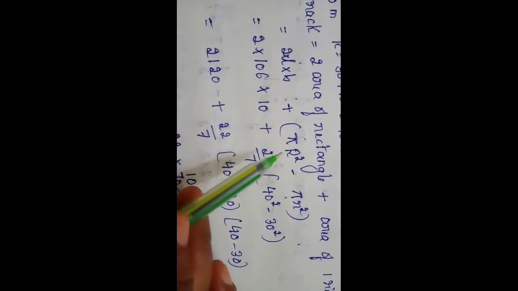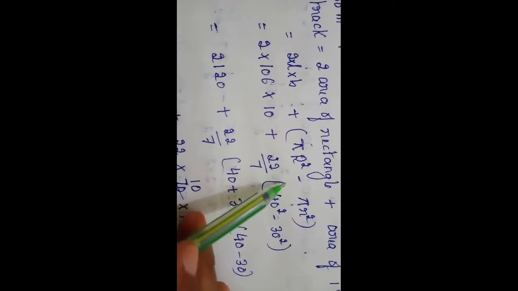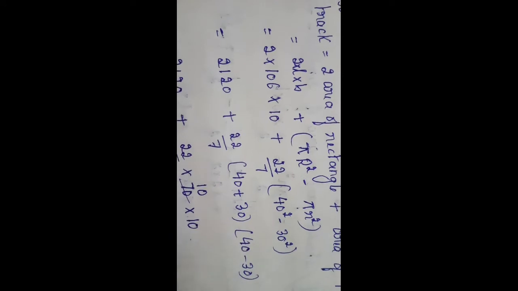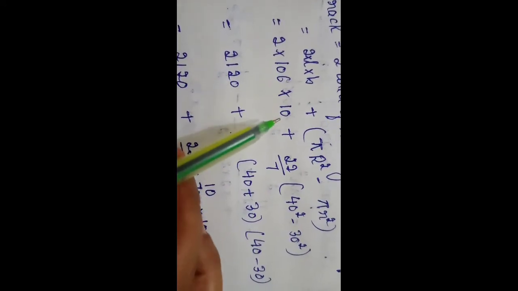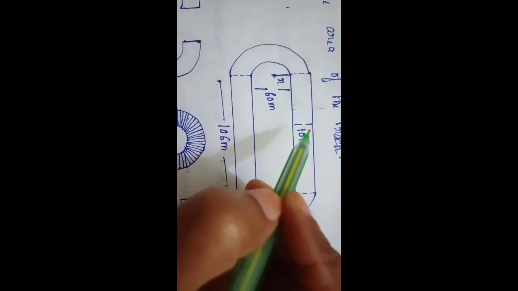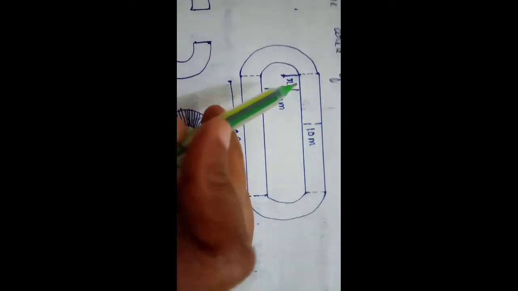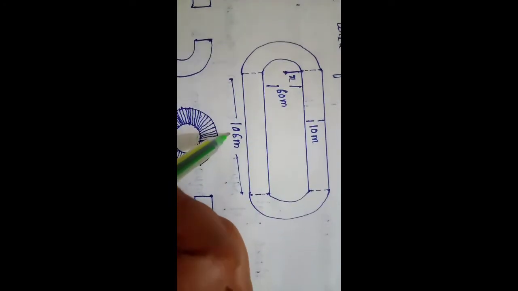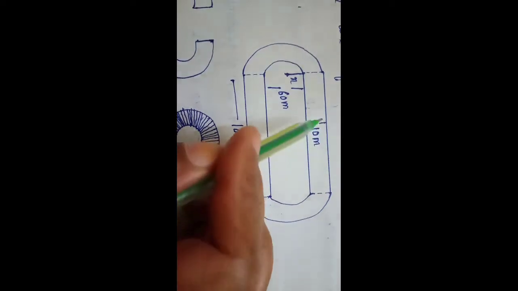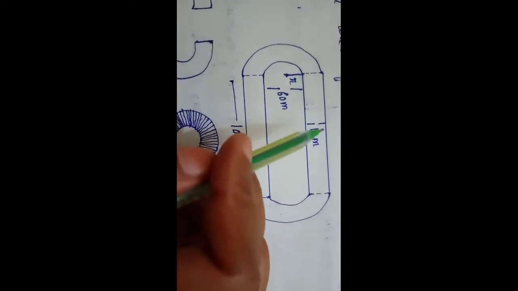Area of outer circle, that is bigger circle, minus area of smaller circle. So 2 into length is 106 and breadth. What is breadth here? You can observe the width becomes the breadth, and the length of the segment, all the segments are 106 meter, that becomes the length, and width of the path becomes the breadth.